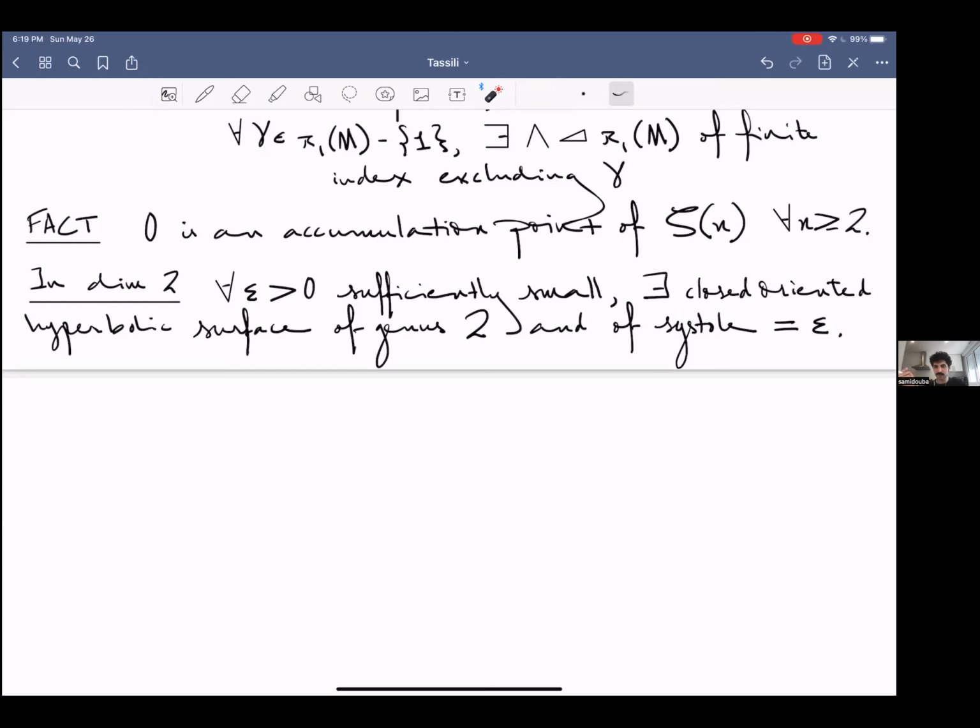So you can't hope for fixed topology and arbitrarily large systole. Okay, and there are many ways of proving this fact.